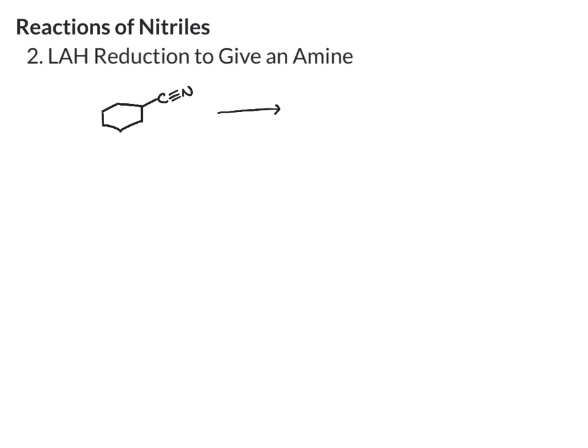And if you add LAH, lithium aluminum hydride, and then we'll just work the reaction up with dilute acid. Again, I'm going to highlight the nitrile carbon just to help you keep track of it. So this undergoes a reduction.